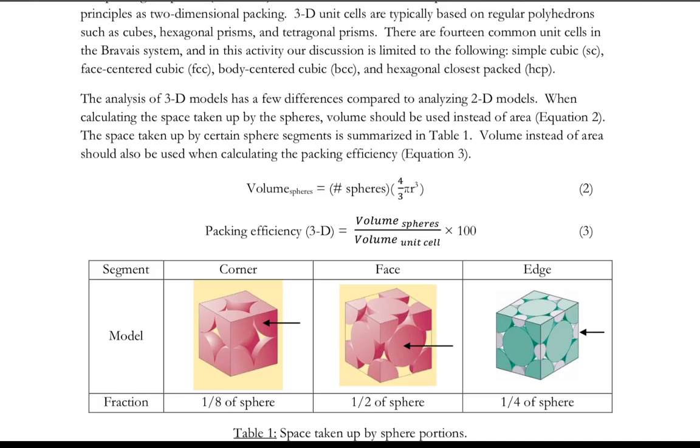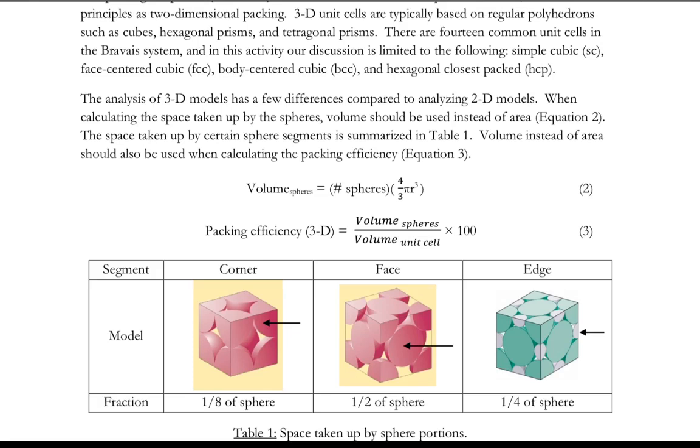The other 7/8 are parts of other adjacent unit cells. So just like in our chapter 10 handout, keep in mind that corner pieces are 1/8 of the sphere in that unit cell.